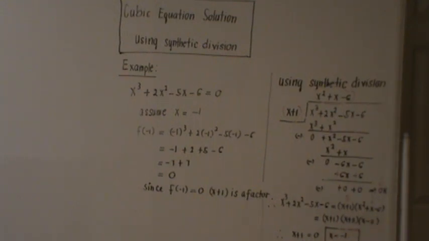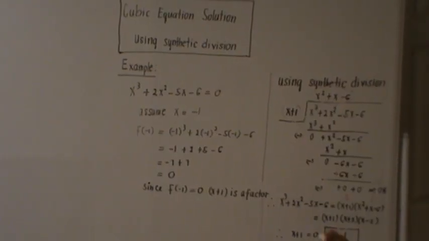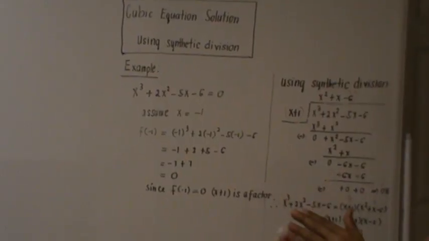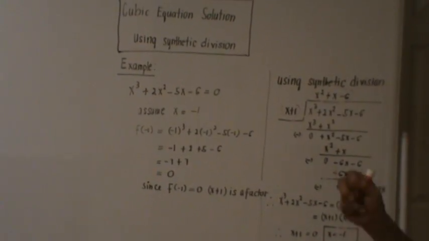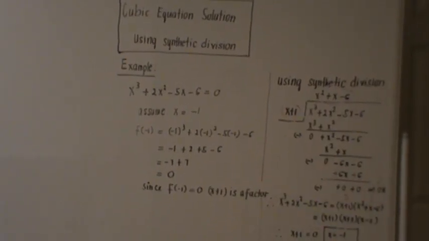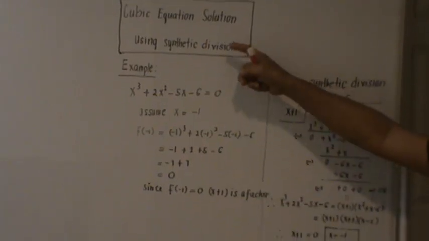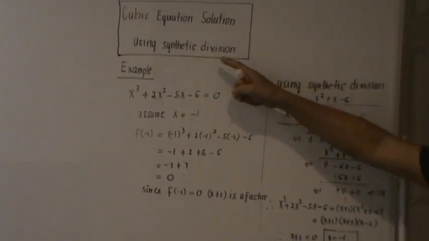Maybe it will take time before I could memorize it, or I might bring out the equation, then follow it to solve for the resulting possible roots. But by using this synthetic division, I don't have to memorize anything here. So like what I said, the topic for tonight is a cubic equation solution using synthetic division.